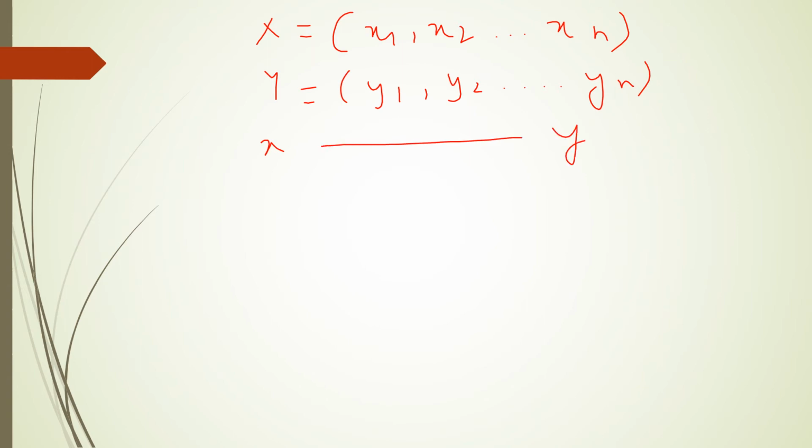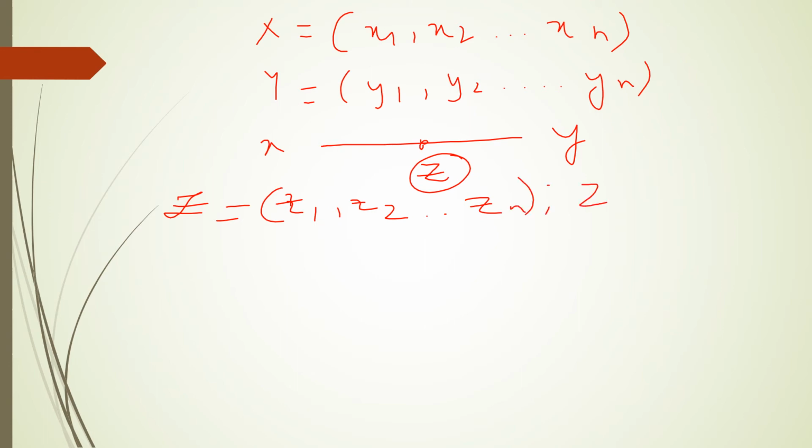Okay, and we have another point z, and we are trying to prove, now we are going to take z is equal to z1, z2, ..., zn, where zi again will be lambda xi plus (1 minus lambda) yi.